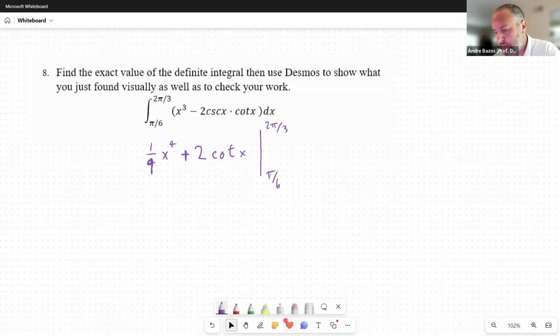I'm sorry, I did this wrong. I said cotangent. The derivative of cotangent is negative cosecant squared. The derivative of cosecant is negative cosecant cotangent. I apologize. So this is positive cosecant, the derivative of this. The 2 just comes along for the ride.